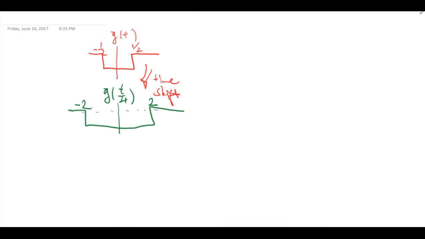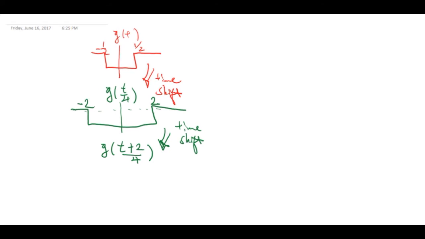Then once we've got this one, we further do a time shift. This time we're going to do it by g((t plus 2) over 4). That means we are going to replace t by t plus 2, so we are going to do a little bit of time shifting here.